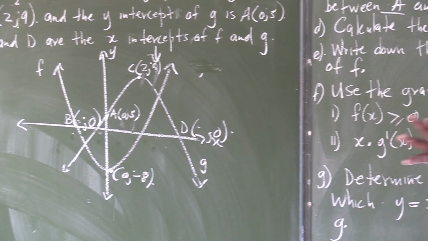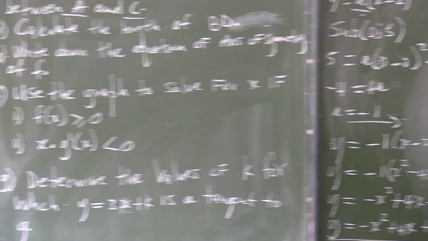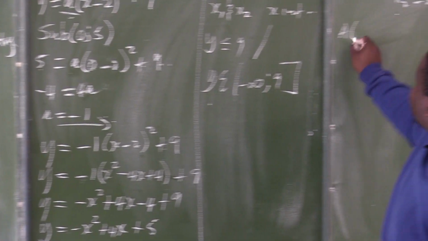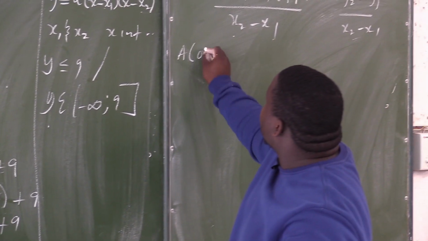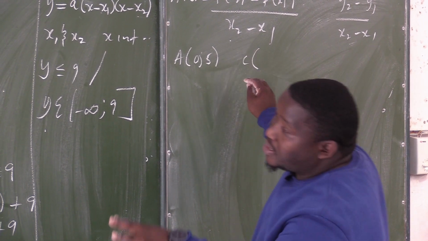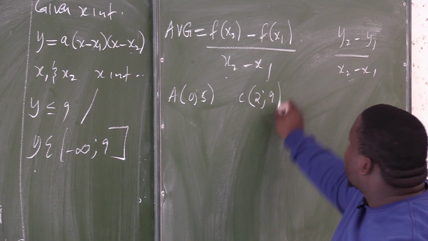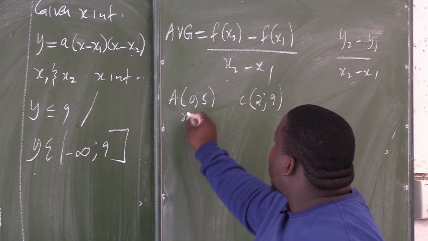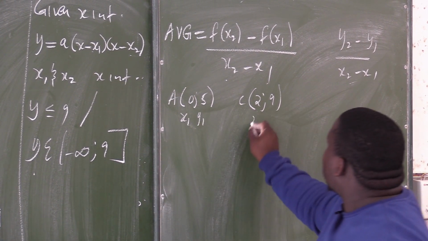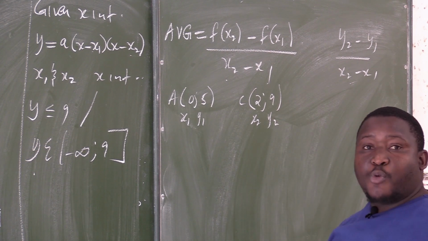It means my average gradient between A and C: point A is (0; 5) and point C is (2; 9). So I will call this one x1, y1 and this one x2, y2. These points are known.